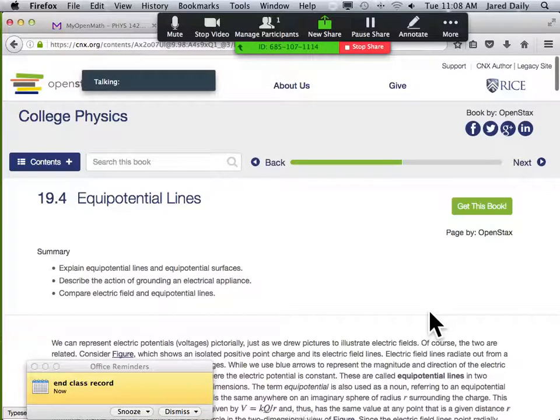This is especially true when you have many, many charges or shapes of charges that are weird. We've been dealing with point charges, but if you have an object that is not a point charge, that has a different shape to it, you're going to get very different things.